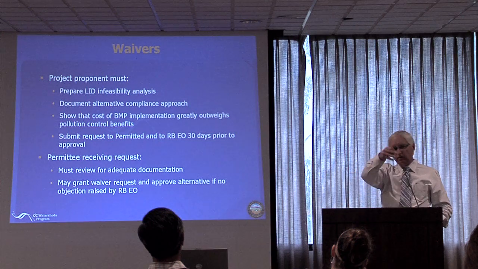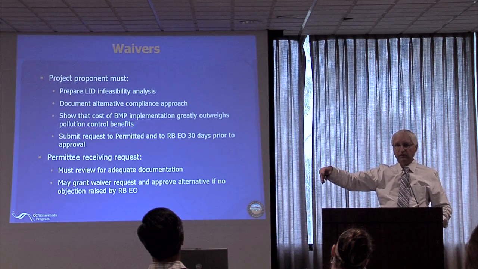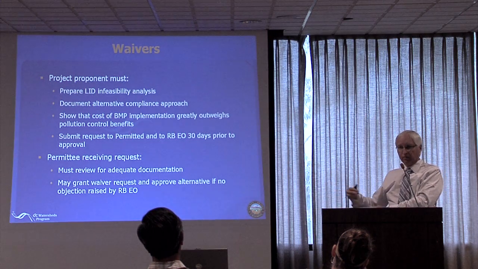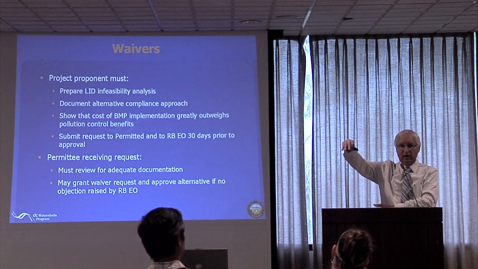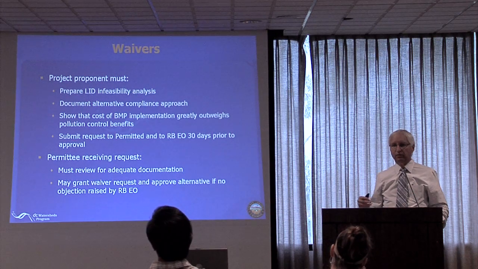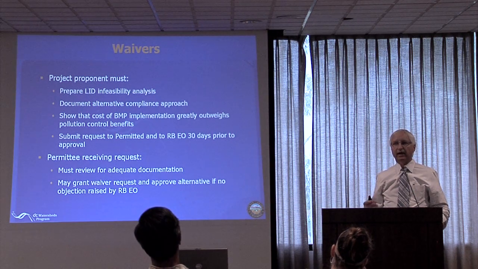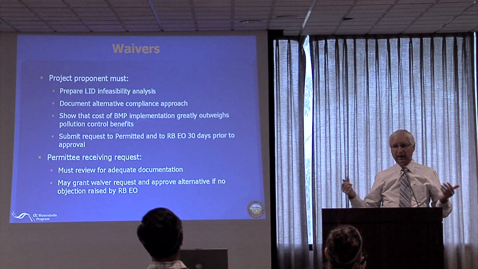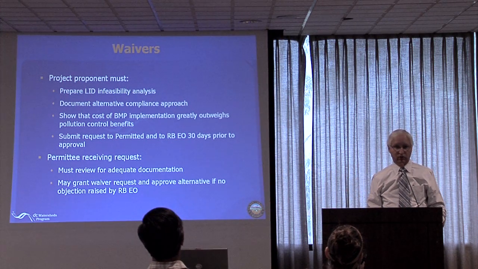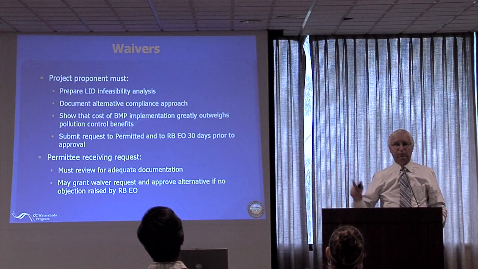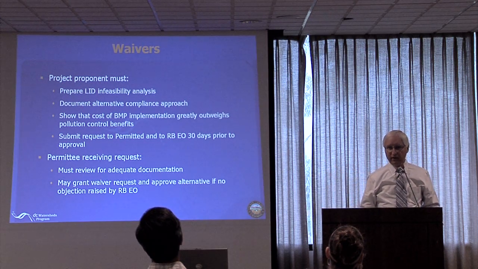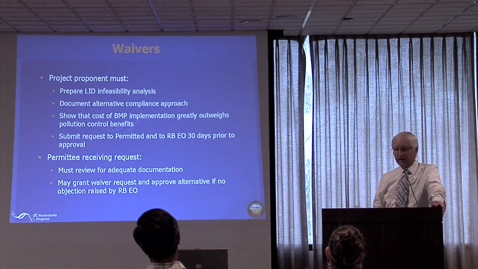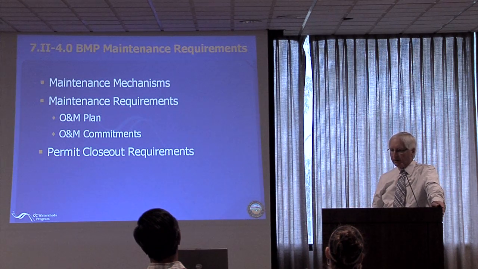You, as permittees, can approve the alternative plan, but the regional board executive officer is in the loop to review that process and say thumbs up or thumbs down, okay, it works, or I have an issue with that. So it's not an approval process by the regional board, but it is a sort of go, no go process. And if done right, hopefully that won't happen very often.